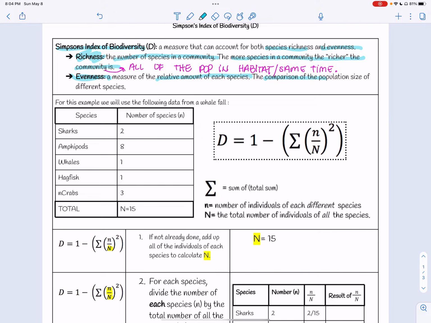So we can compare population sizes of different species. We wouldn't say an area has evenness if you have 2,000 seagrasses and then just five sea turtles there or something. So it'd be comparing 2,000 within one species to five. That's not very even at all.